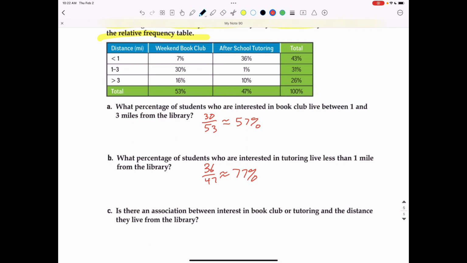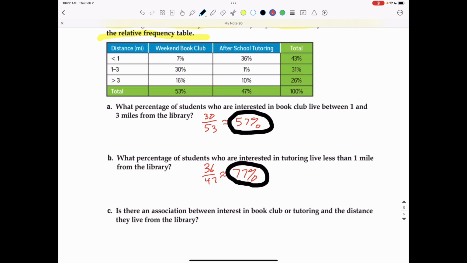So between 1 and 3 miles from the library, a total of 57% are interested in book club. Less than a mile, interested is 77%.